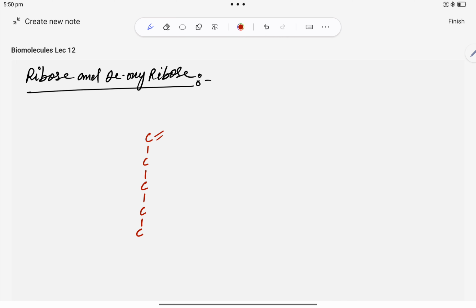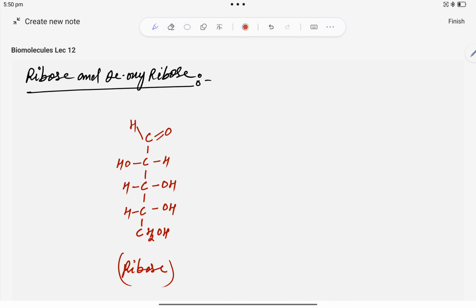On the first carbon, aldehyde group is attached. Second carbon H, OH, here OH, here OH, last CH2OH, remaining hydrogen. So this is your beta ribose.